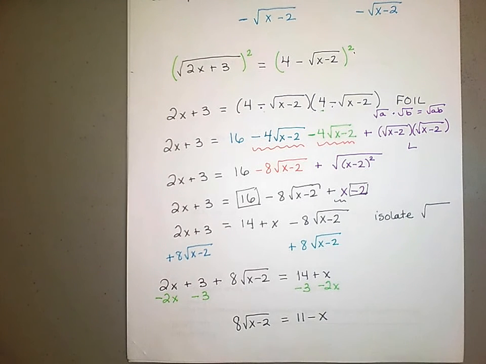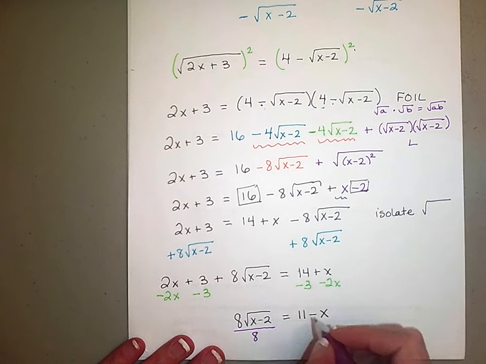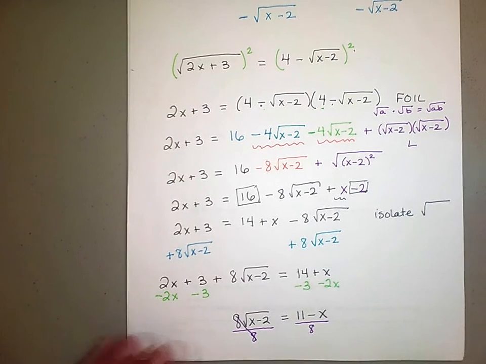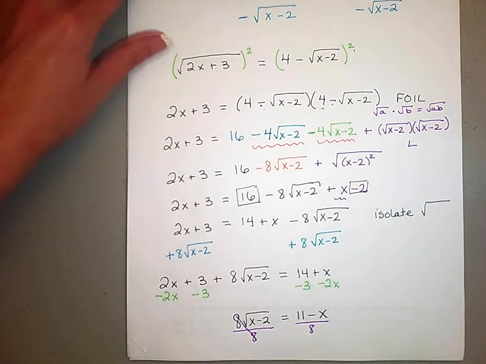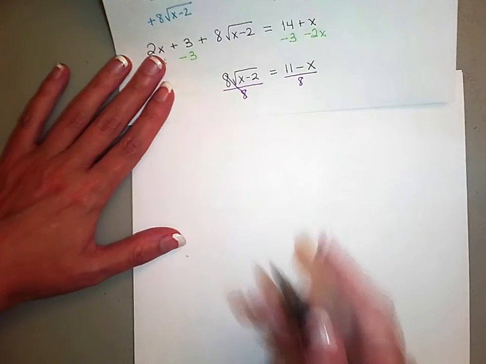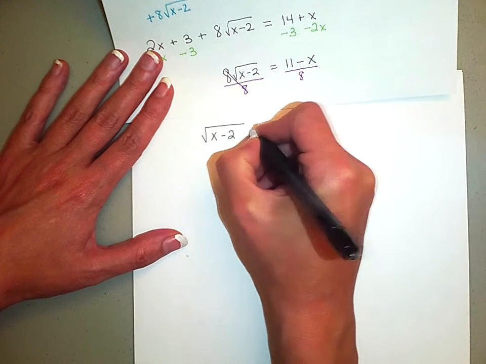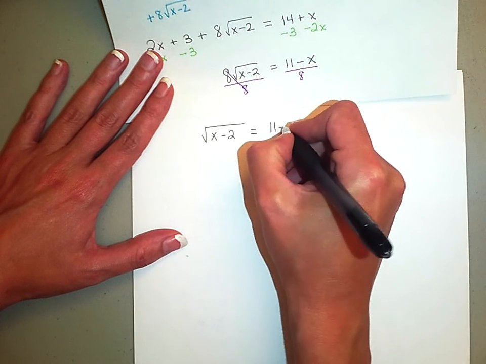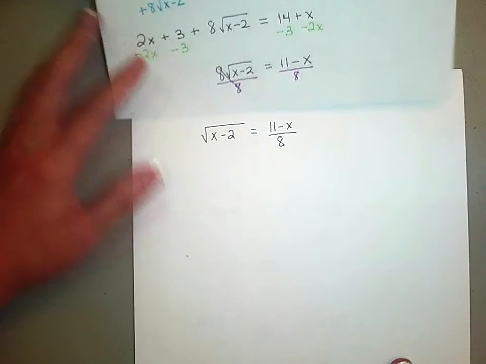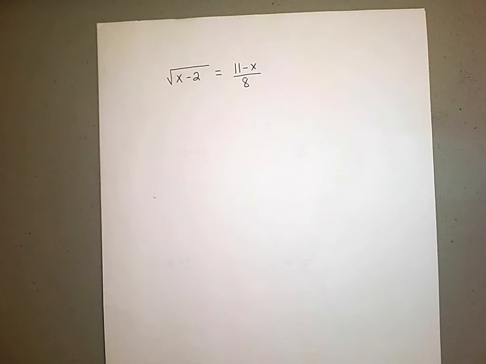And now we haven't quite isolated that square root. It's being multiplied by 8. So let's divide by 8. So now our equation looks like the square root of x minus 2 is equal to 11 minus x all over 8.